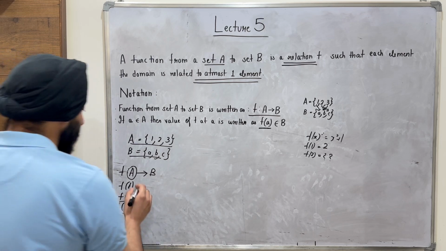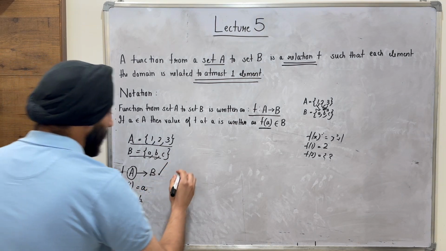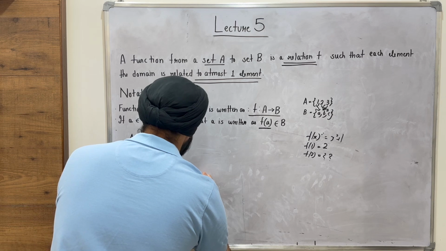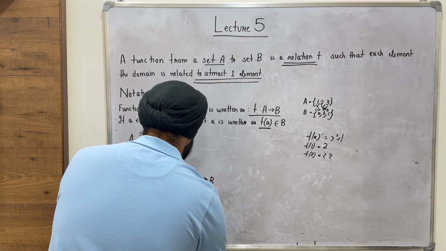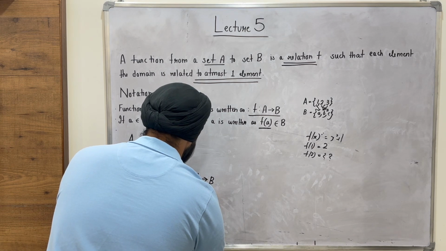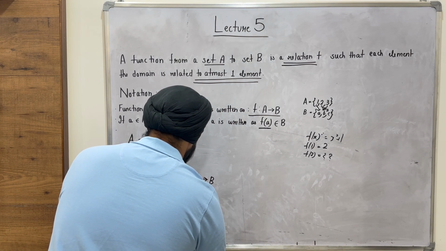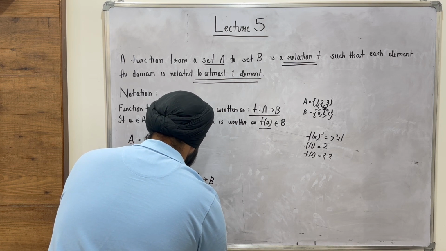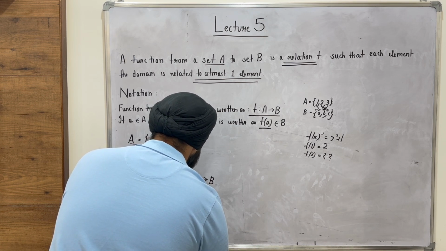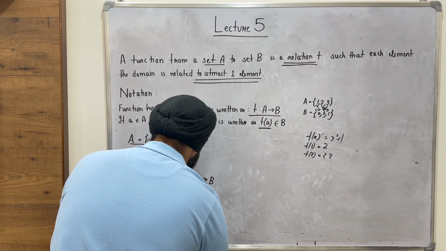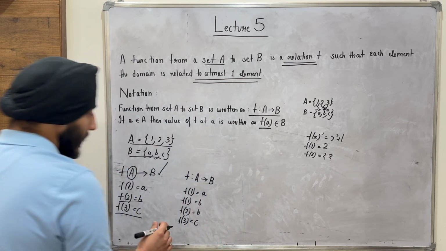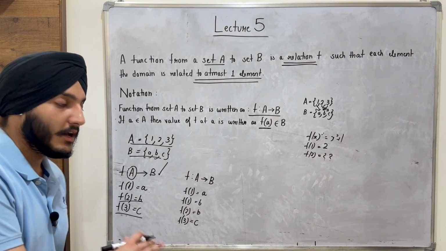My example is, this is a valid function, but let's say I had a function from A to B where f(1) = a, f(1) = b, f(2) = b, and f(3) = c. This over here would be incorrect.